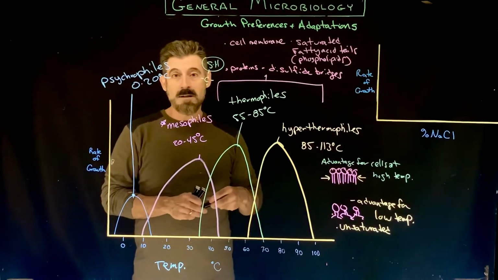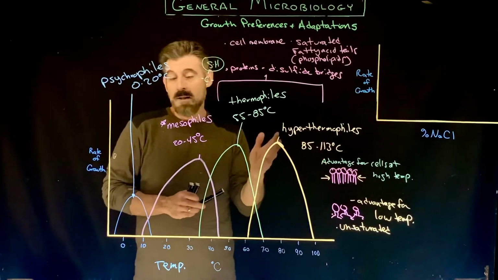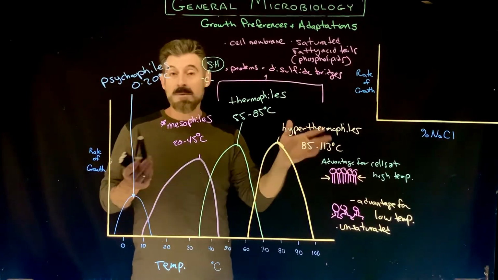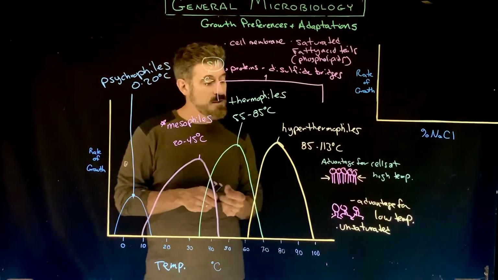Usually we'll see a lot of the archaea, the other domain of life, at all these ranges, but especially at some of the extremes. This is where we find a lot of them, and they have a number of additional adaptations.